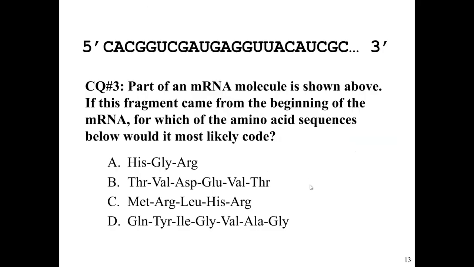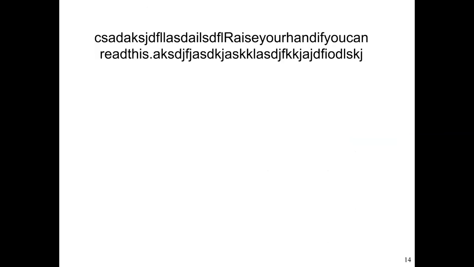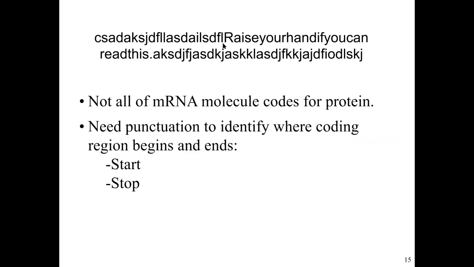But I think some of y'all might know the problem with that. I ask you to look through this and hope that some of y'all would be able to raise your hand. Raise your hand if you can read this. Not all of an mRNA molecule codes for a protein. We need punctuation to identify where the coding region begins and ends.